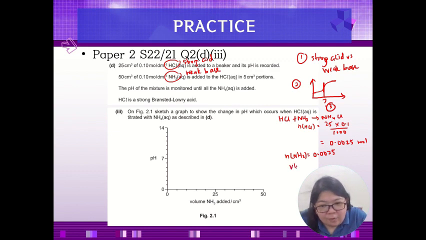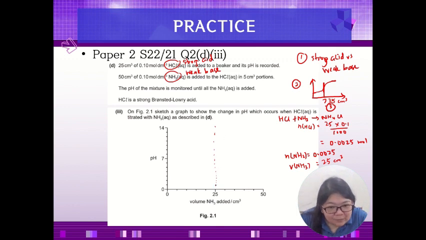So the volume of ammonia to neutralize 25 cm³ of HCl would also be 25. So this vertical region will be at 25 cm³, which is here. I will just draw one straight line to go up. Sorry, it's not so straight, I'm drawing it freehand.